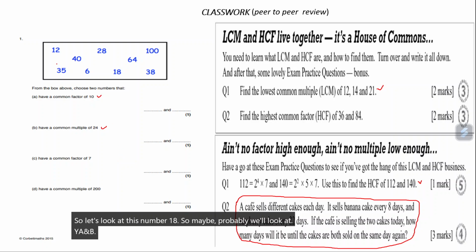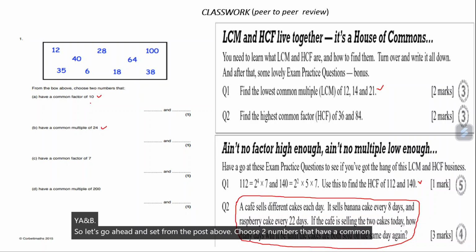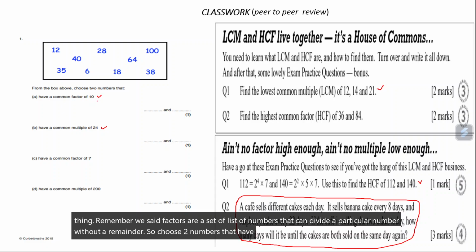So let's go ahead. We said from the box above, choose two numbers that have a common factor of 10. Remember, we said factors are a set or list of numbers that can divide a particular number without a remainder. So choose two numbers that have a common factor of 10.